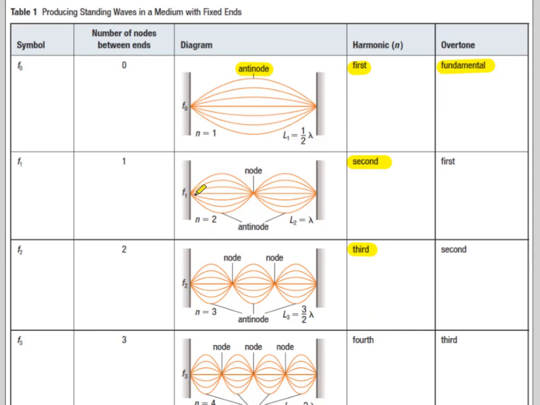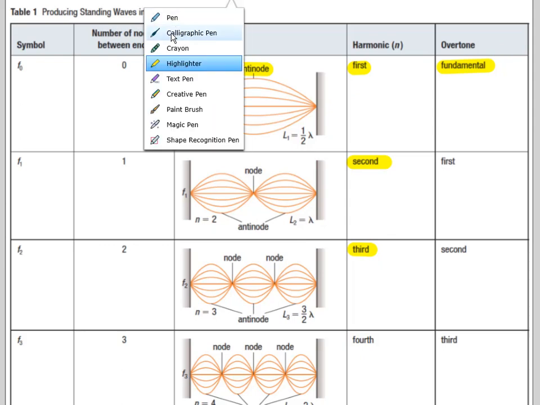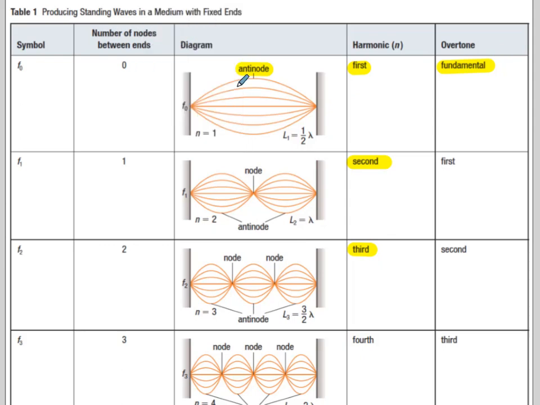Okay, now what you should see is the number of nodes increases. There are some mathematical patterns here. When this is n equals 1, there is one antinode.